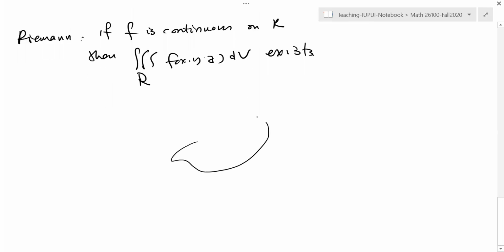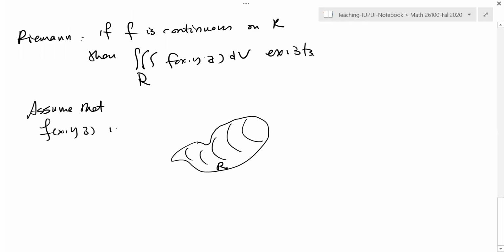If we have something like a potato, this kind of solid in space, this is my region R. We assume that f is continuous on this region R. That's the first condition.